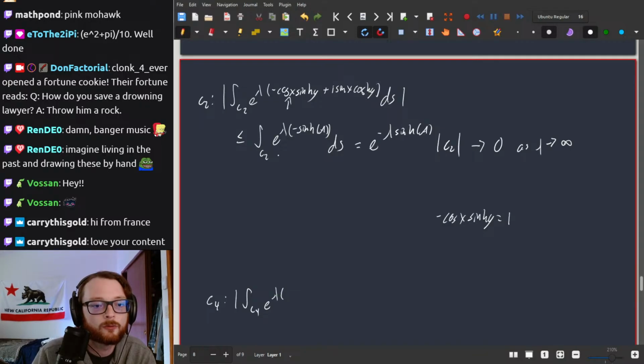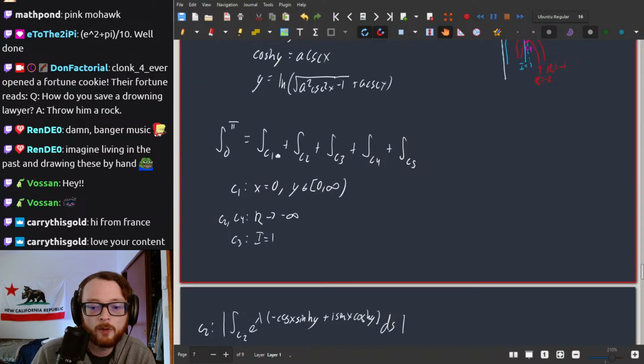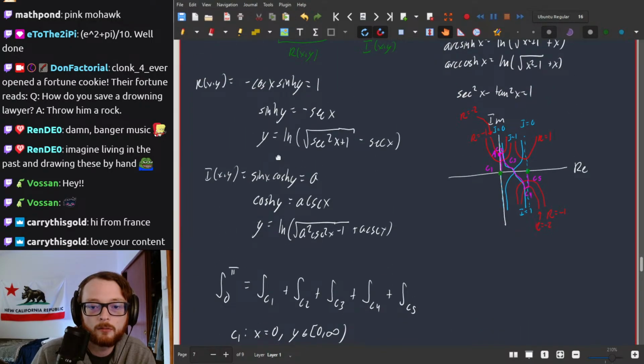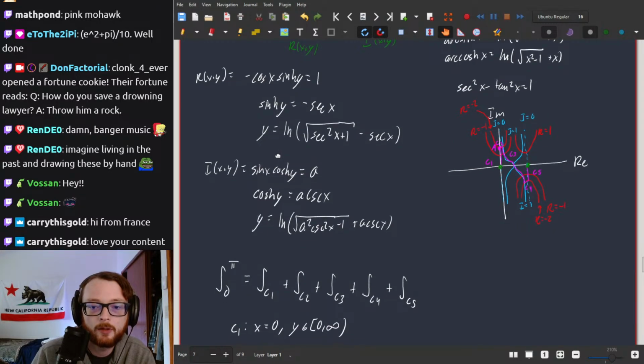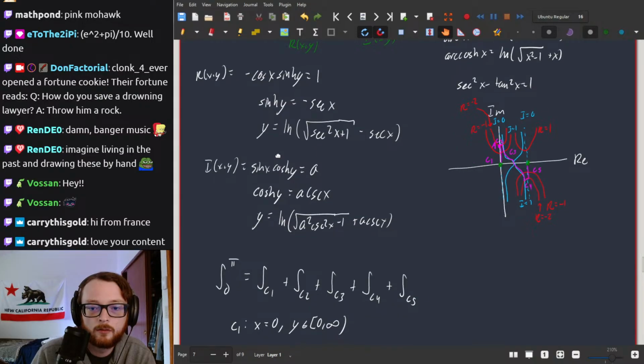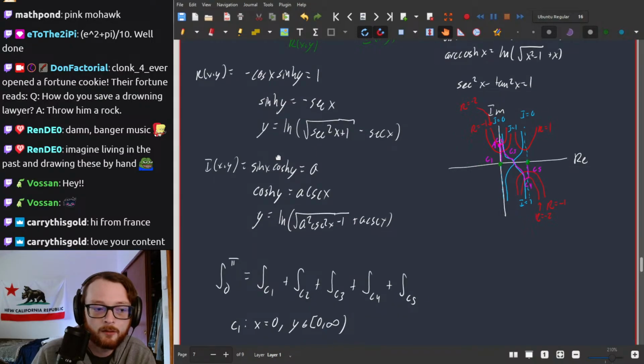X is not just 0. And do I want... Wait, this is where the real part is constant. Yes. But shouldn't I be taking... This is confusing.